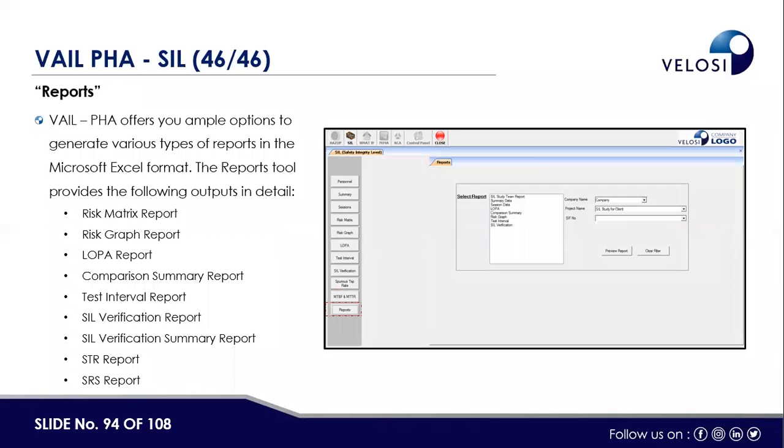Then we can also generate a number of reports. VAIL-PHA offers a number of options to generate various types of reports in Excel file as well as PDF form. We can generate risk matrix report, risk graph report, LOPA report, comparison summary sheet.